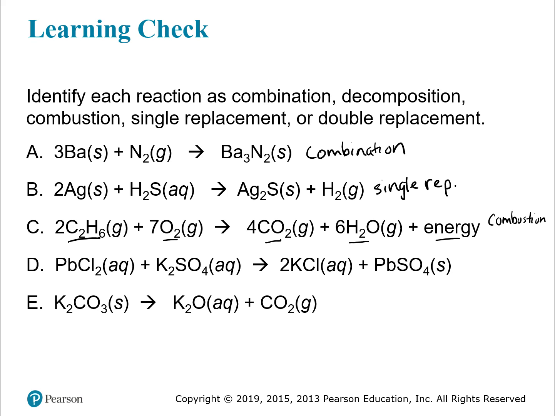In D, it looks like we are swapping our positive ions because the lead was with the chloride, now it's with the sulfate, and we formed a solid. This one is a double replacement. Finally, in E, we have one reactant that makes multiple simple products.